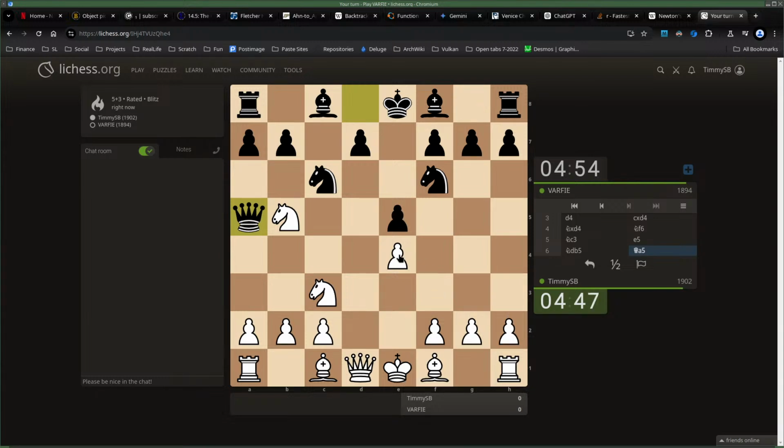Okay, what is this? Definitely threatens to take my pawn. But nobody plays this, so it cannot be correct. It just can't be. Why is this wrong?